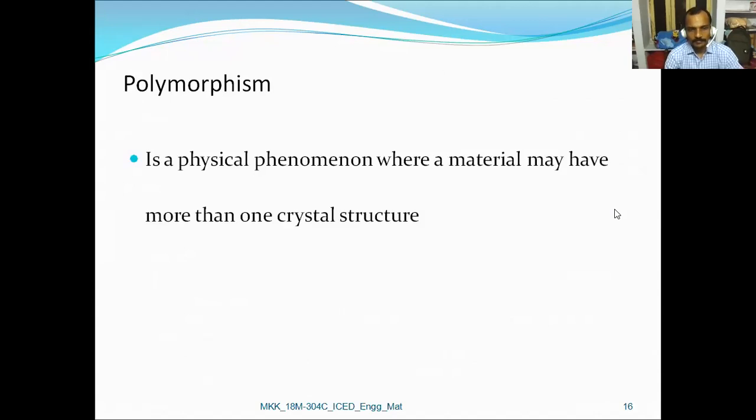Later we entered into polymorphism. We have discussed that polymorphism is a physical phenomenon where a material may have more than one crystal structure. If more than one crystal structure exists, that is known as polymorphism.